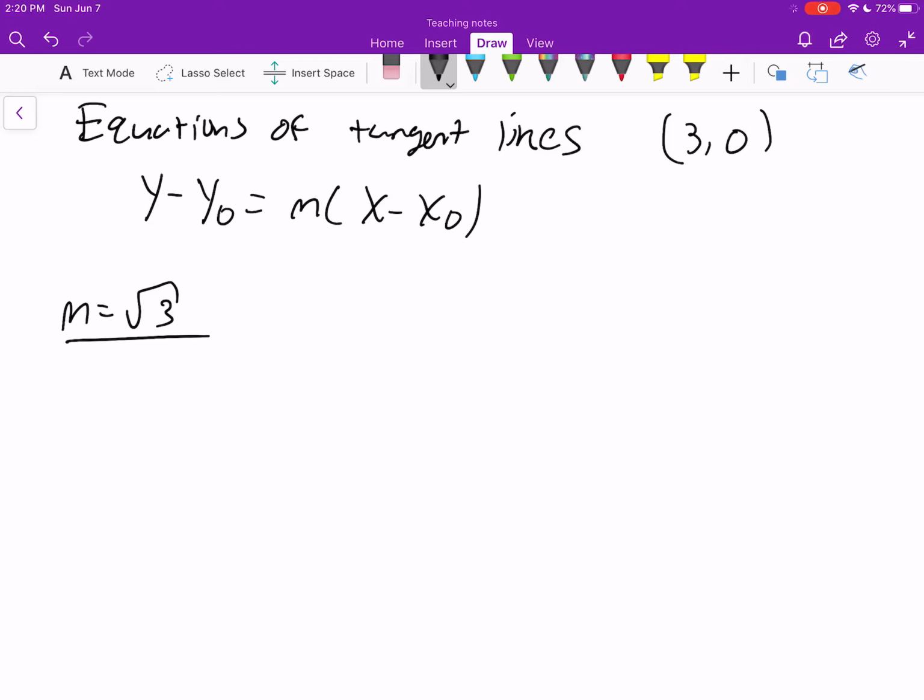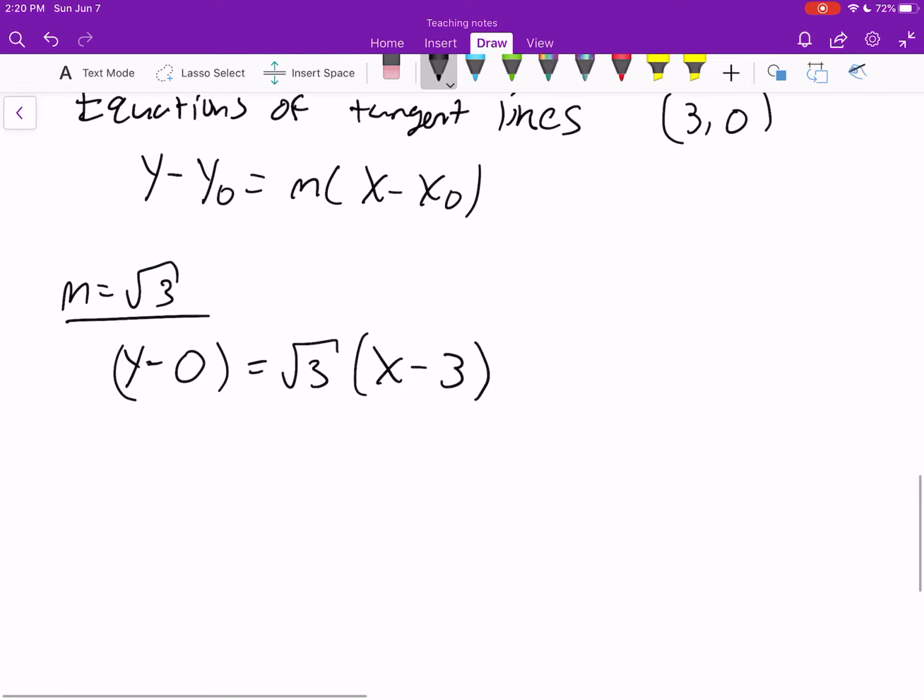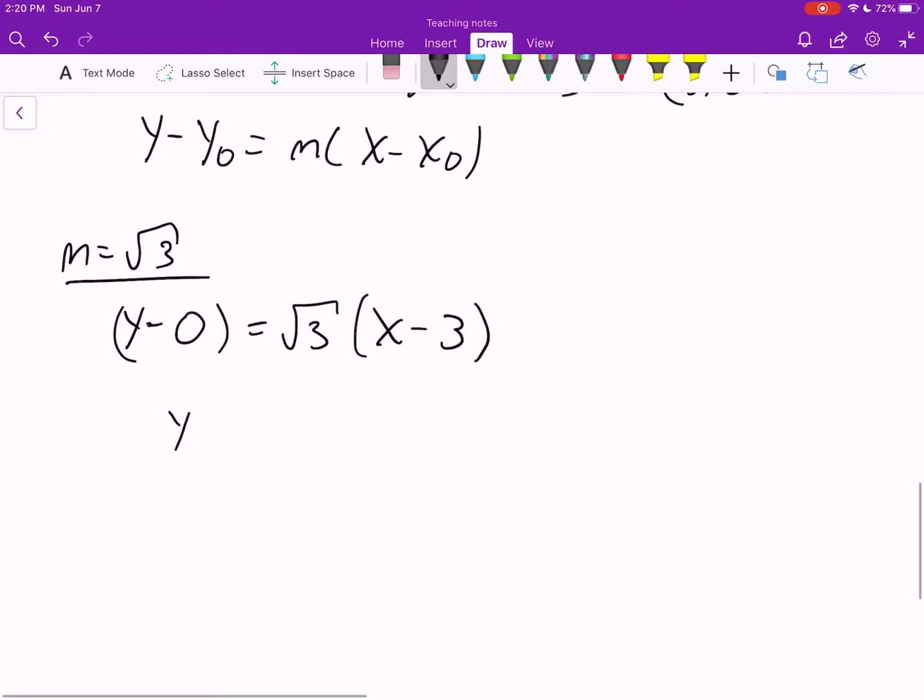So at m equals square root of 3, I'm going to get y minus 0 for the y minus y0 part, because again, y0 is 0, is equal to m, which is the square root of 3, times x minus x0, x minus 3. So this gives me y is equal to the square root of 3 times x minus 3.